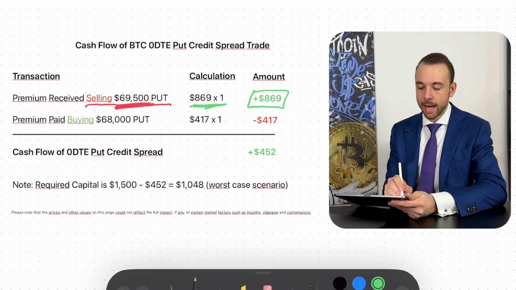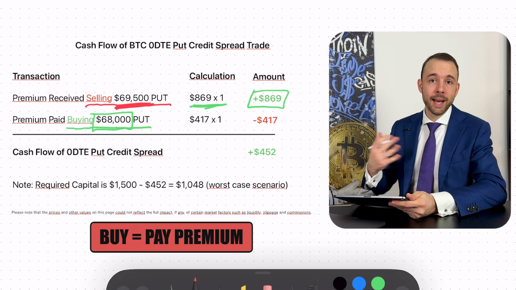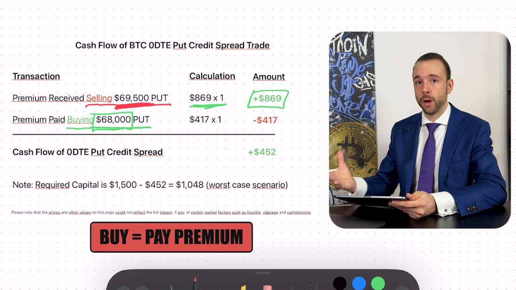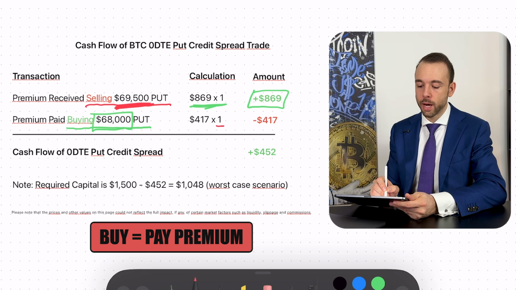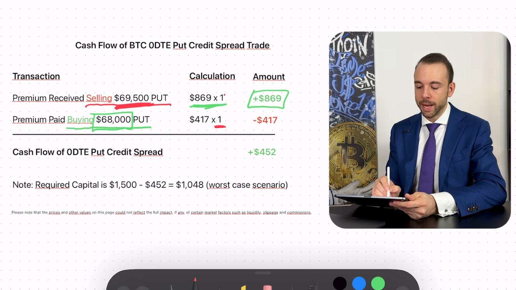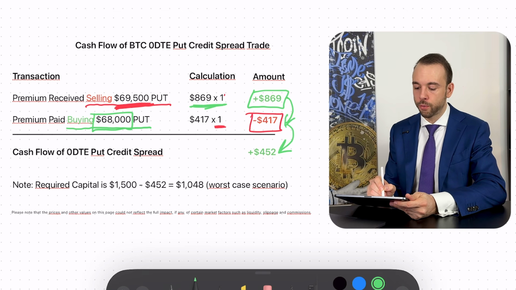Immediately after, we are buying a put option with a lower strike price of $68,000, and because we are buying something, we have to pay for it. The trader buys 1 put option to have exactly the same quantity as in the first trade and pays $417.